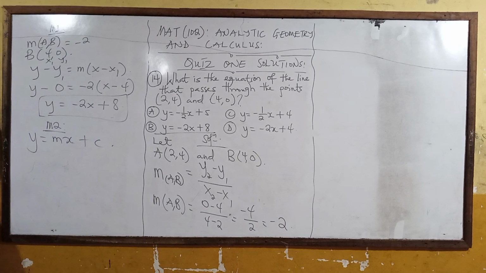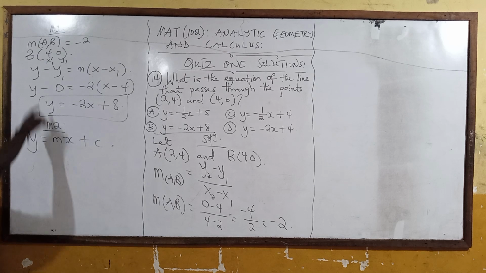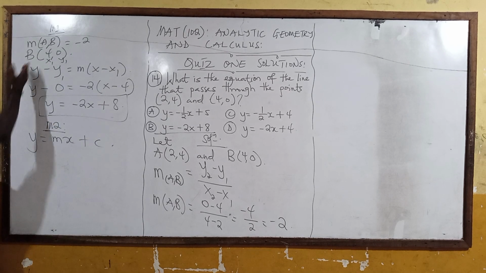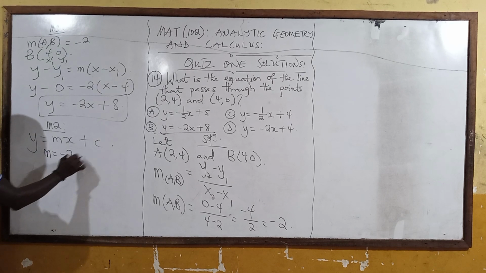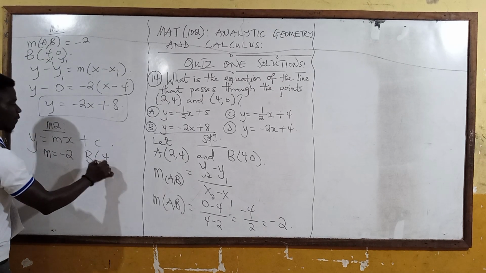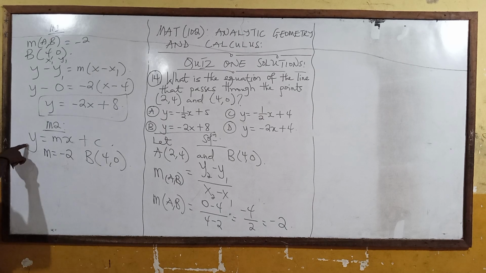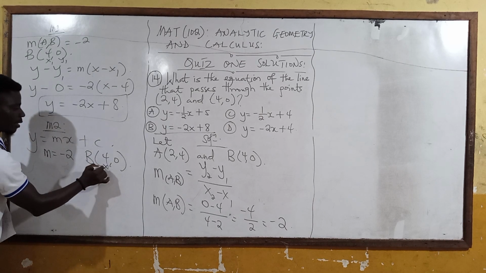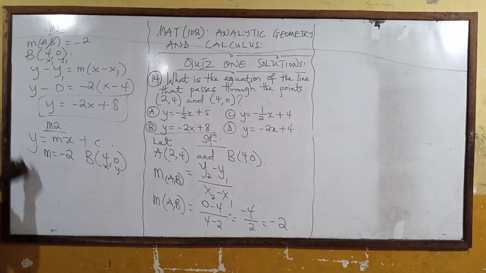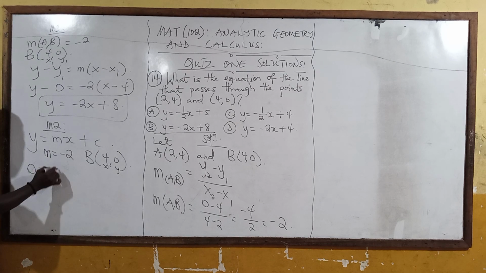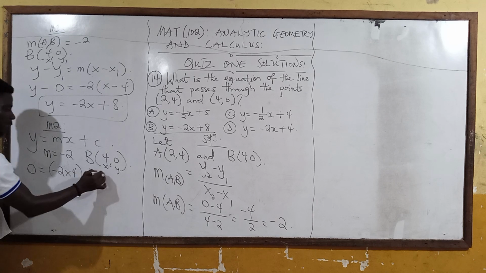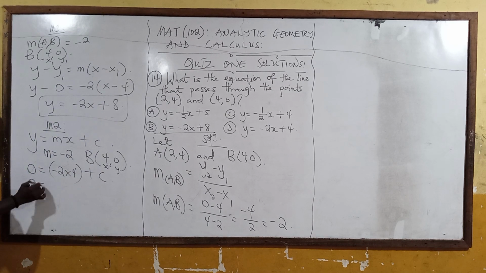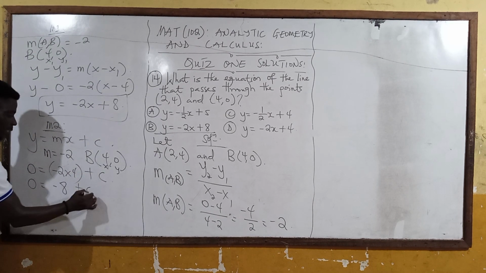So now, how best can we solve this? I know my gradient to be -2, so I can take any point, let's say point B on the line. So I use the gradient -2, then point B (4, 0) on the line. So I substitute in. This is my x, then y. My y is 0 equals my m, -2, times my x, 4, plus c. So I have 0 being equal to -8 plus c.